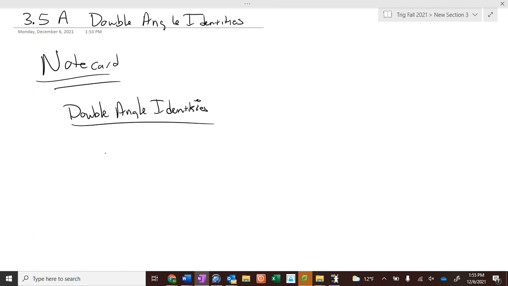Five now, 5 later. The sine of 2x equals 2 sine of x cosine of x. The cosine of 2x has 3 different formulas. We could say it's the cosine squared of x minus the sine squared of x.